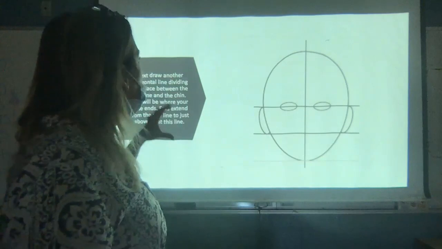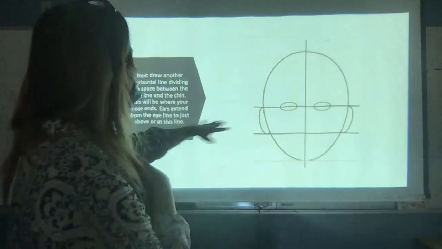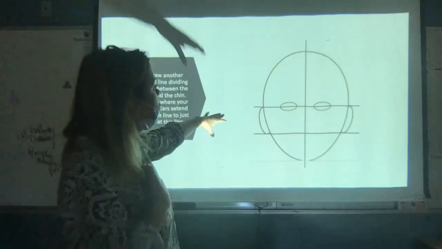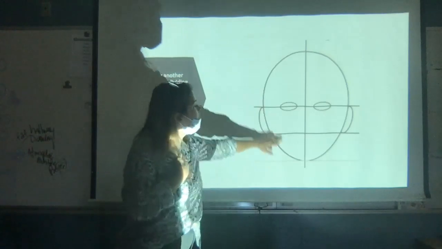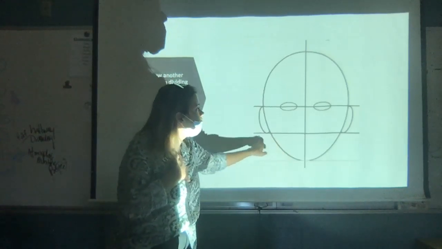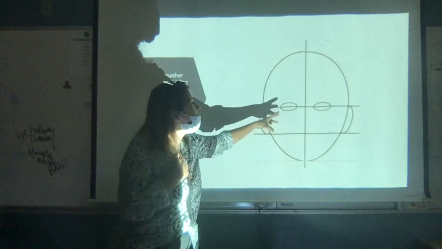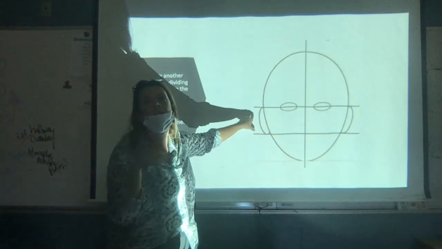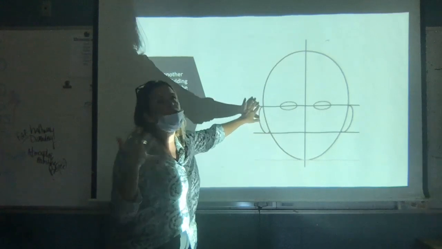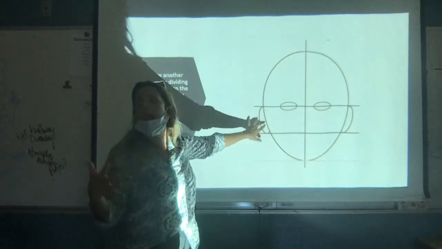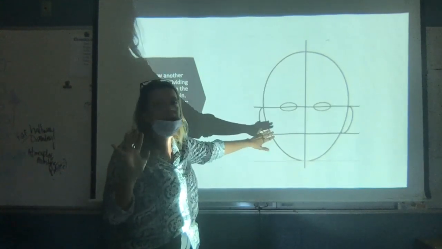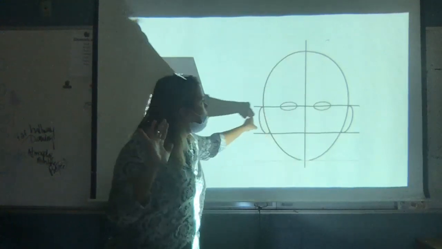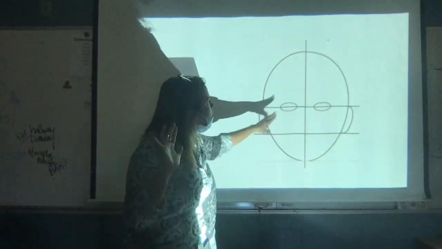Then you are going to draw another horizontal line dividing the space between the eyes and the chin. There are more specific ways to do this, like two thirds or measuring down 1.5 inches, but just eye it. You've got your egg shape and your horizontal line with your eyes.